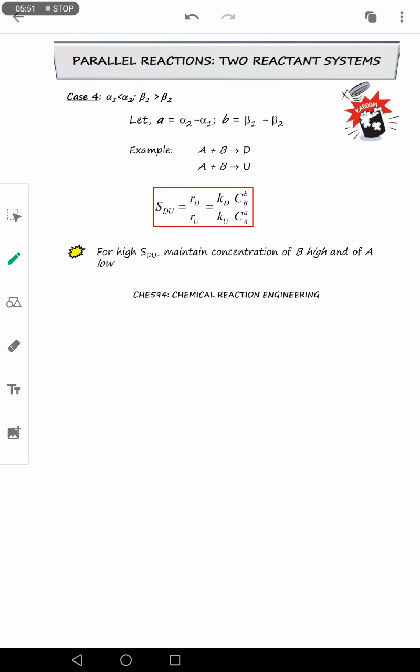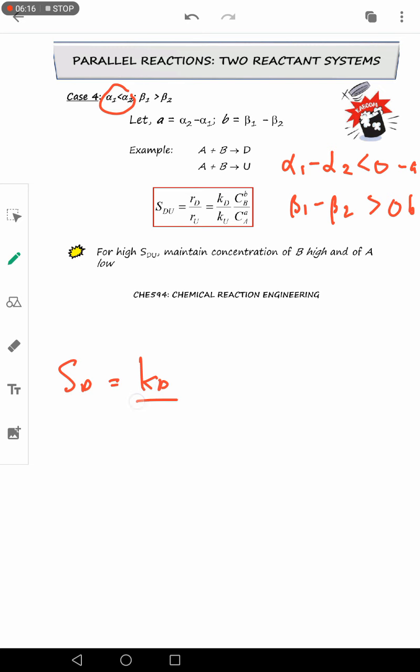in this case pula adalah alpha 1 minus alpha 2 less than 0. Sebab ni dia kata value for alpha 1 adalah rendah daripada alpha 2. Kemudian beta 1 minus beta 2 adalah lebih daripada 0. So meaning that this is negative A dan ni adalah B. So bermakna you punya selectivity akan jadi, so I just cut it short, you akan dapat CB over CA.